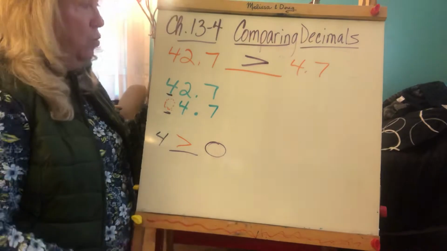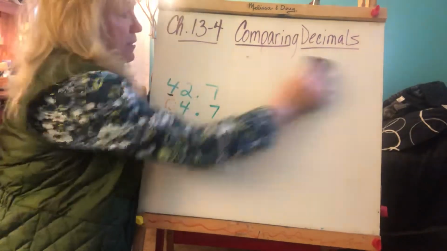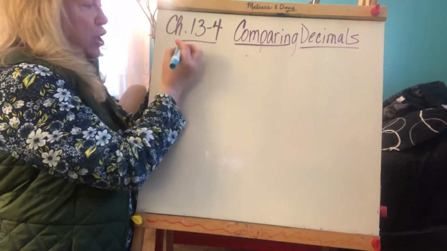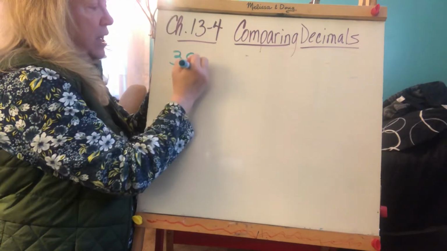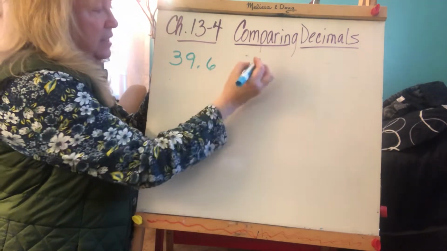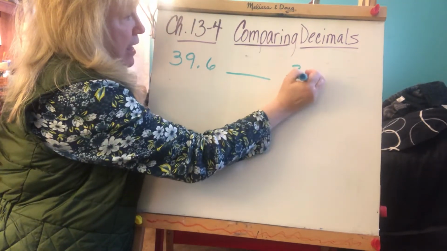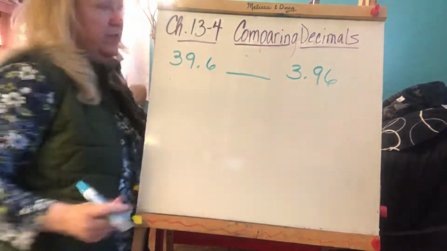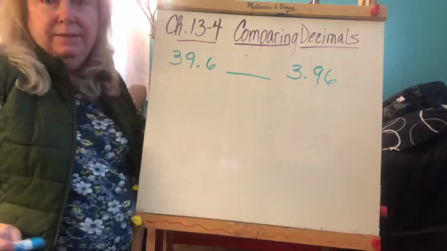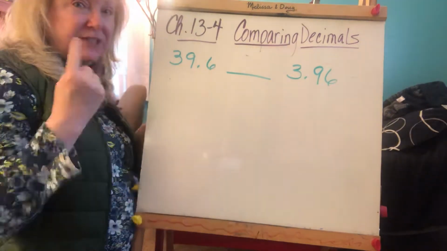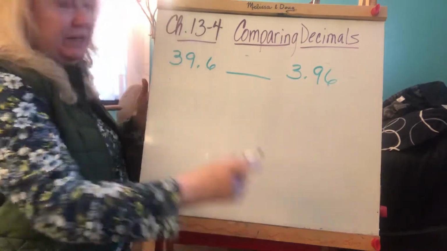Okay, one more example. What if we were given something like this? 39 and 6/10 compared to 3 and 96 100ths. Now they both have 3 and 9. Okay, but look at when we line them up. For step 1, you have to rewrite them going down.